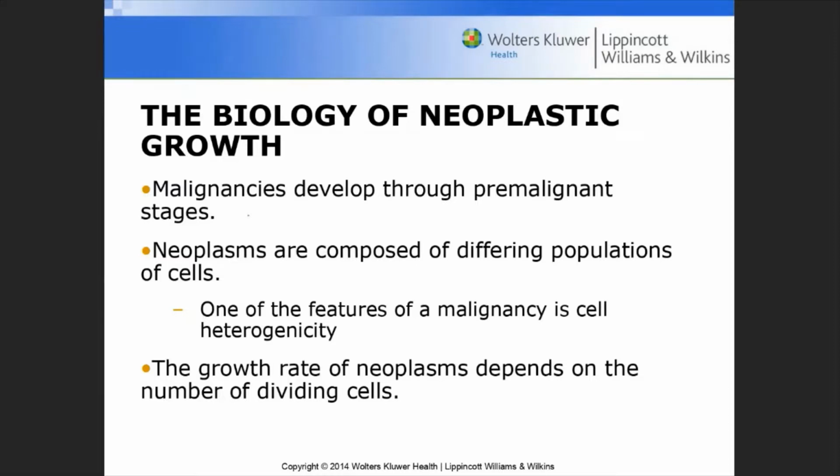The cells sort of pile on top of each other. They kind of lose contact inhibition. We call that carcinoma in situ. With the carcinoma in situ, the stroma is present, so it's still considered very benign, right? Benign.